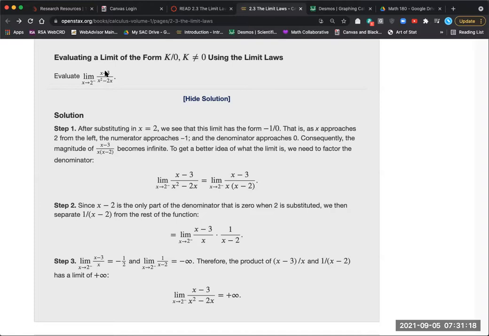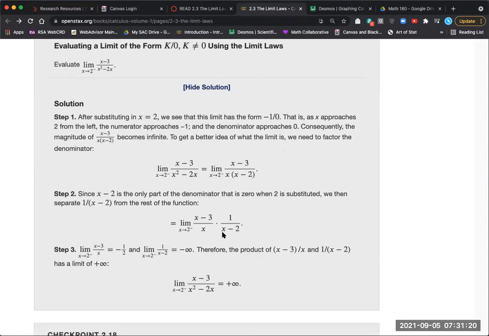What is the behavior you see as you broke up this product here? You can see you end up with a value times negative infinity. And so we would end up with a positive infinity.